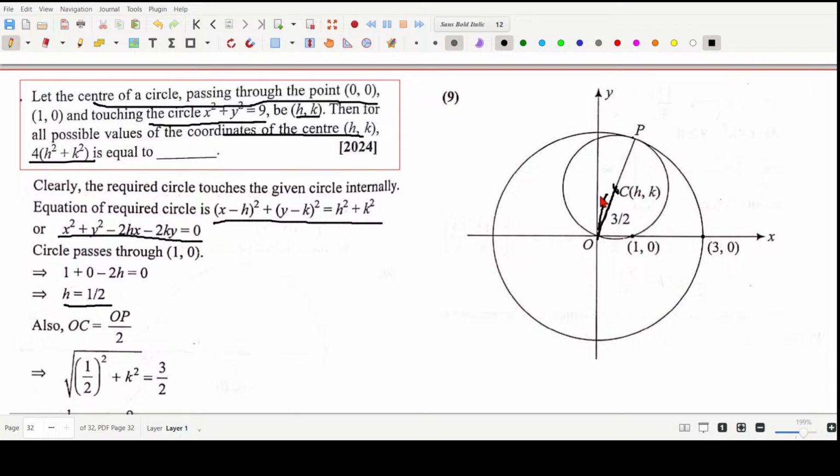Agreed. h equals 1 by 2, right? Now we can easily calculate k also.